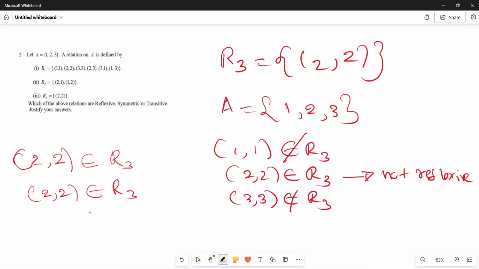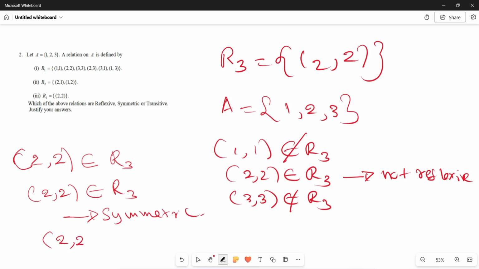Okay, then we can say it is symmetric, because if it is going to the same thing, it is always symmetric. Only one is there, (2, 2) belongs to R3. When we reverse that one, we also get (2, 2), which belongs to R3, so it is symmetric. What can you say about the transitivity?